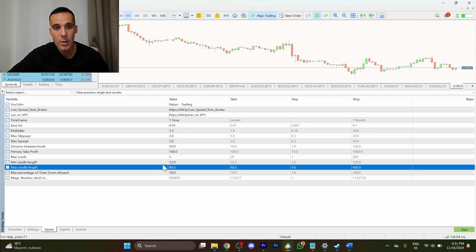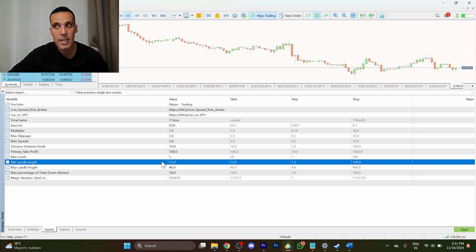Because I don't want the bot to open a new fresh trade, not the second, not the third, but the first one. Remember, the bot always buys and sells at the same time, but the first order that it is going to send to the market will be when the bot sees that there is volatility in one direction of the market.